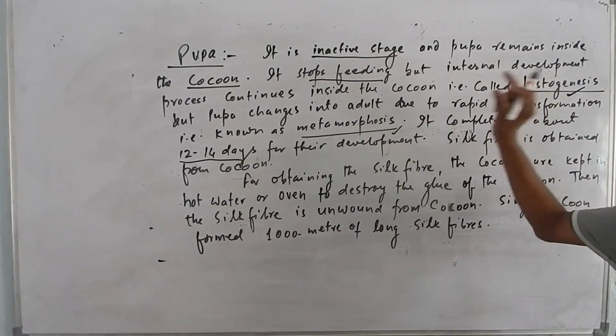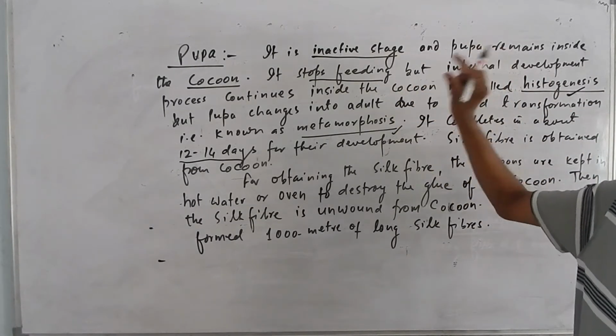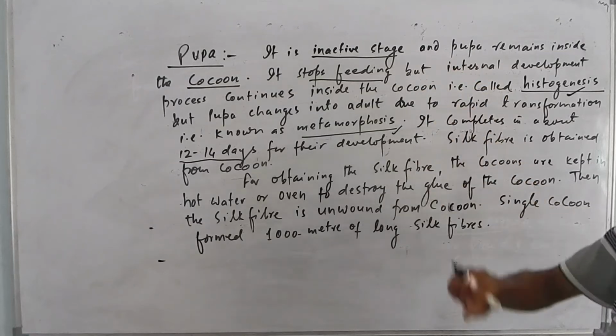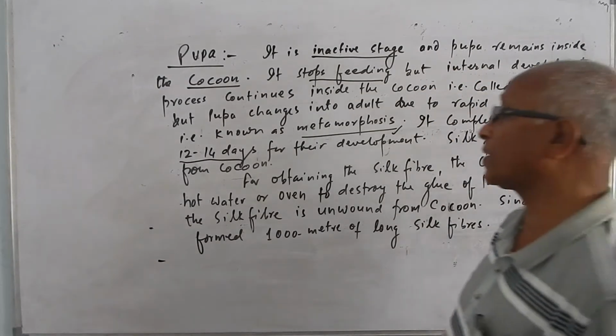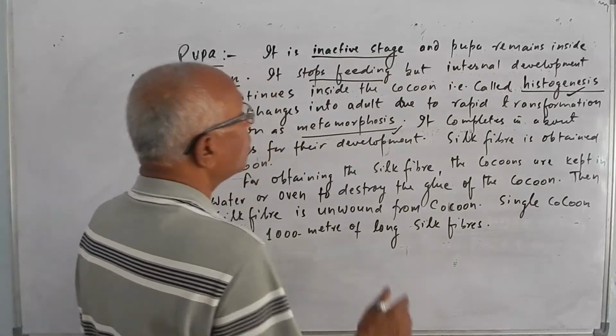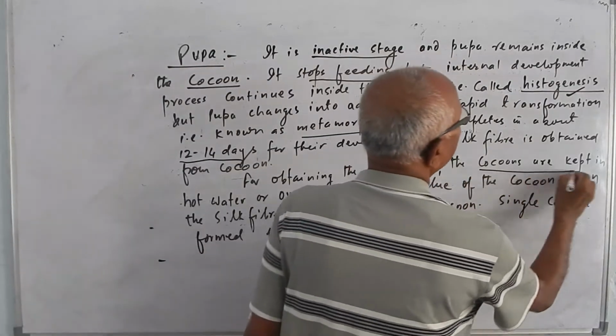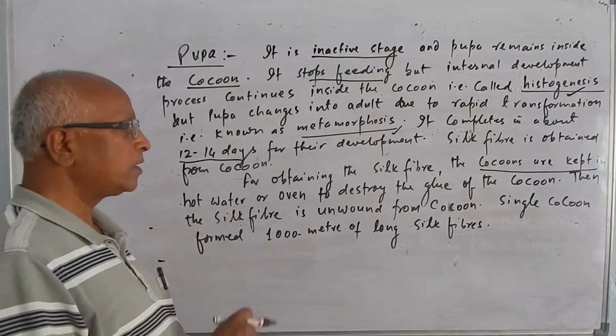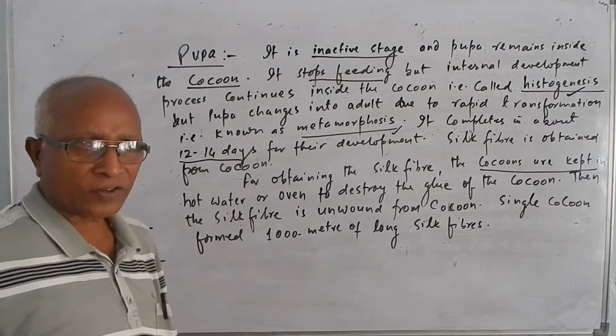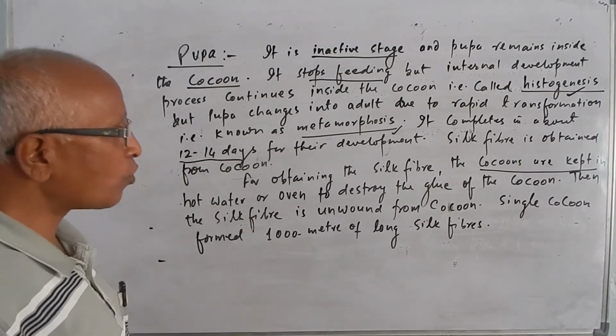And in these cocoons from which farmer obtained the silk fiber. How the farmer obtains the silk fiber from the cocoon? So first of all, cocoons are kept in hot water or oven. Due to this, their glue-like substances is destroyed.